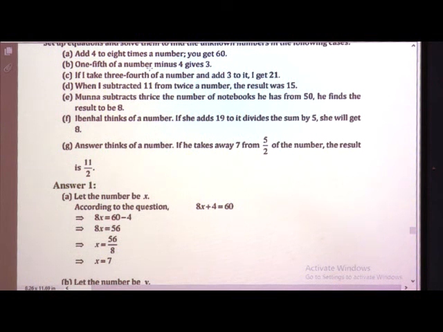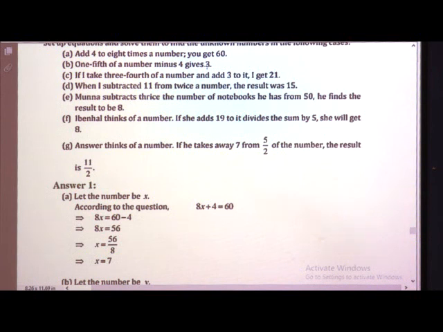Let the number be y, or m, or l, whatever you want you can consider. So 1/5 of a number minus 4. If you are writing 1 upon 5, the number is x. So x upon 5 minus 4 gives 3. So in this way you know how to write an equation from the statement.